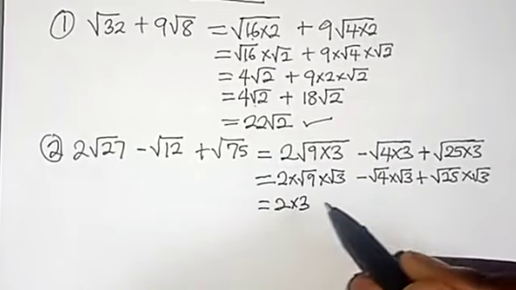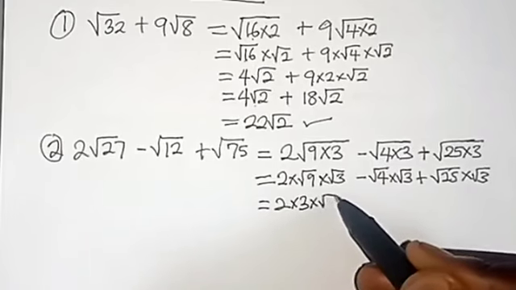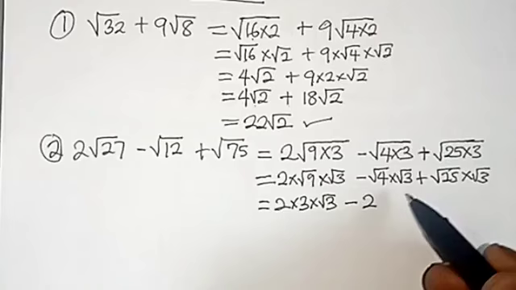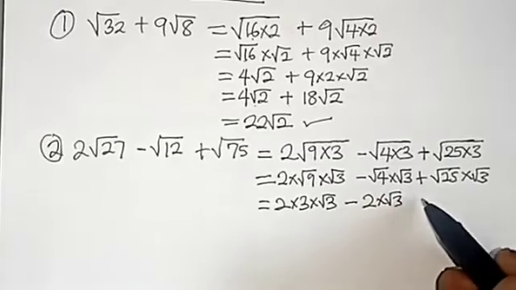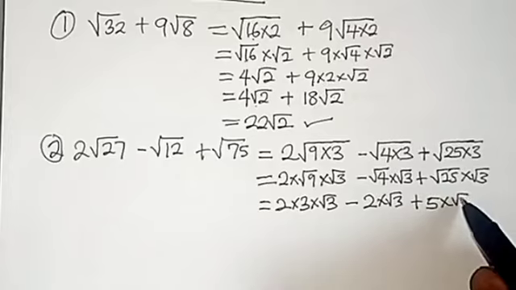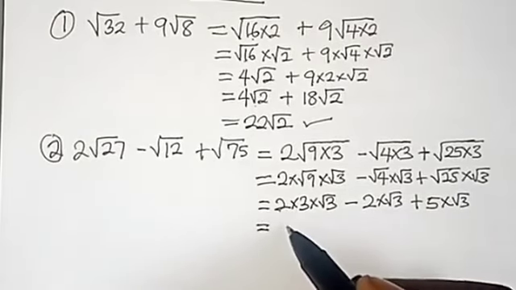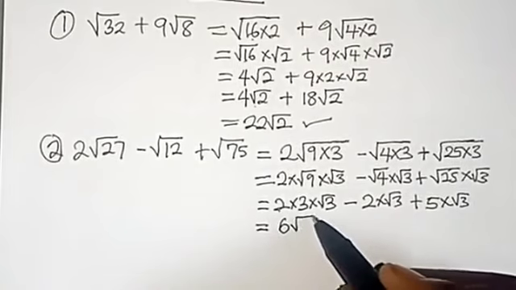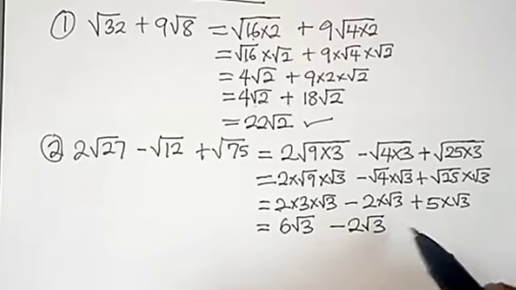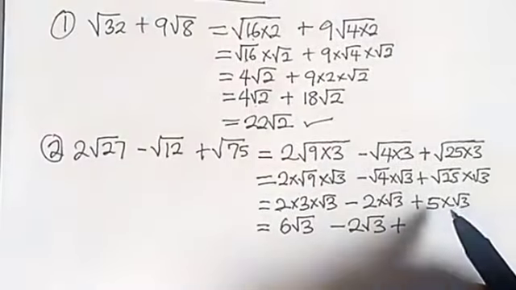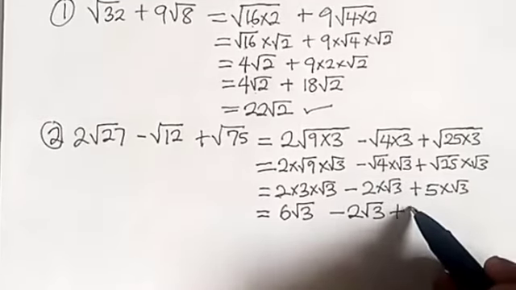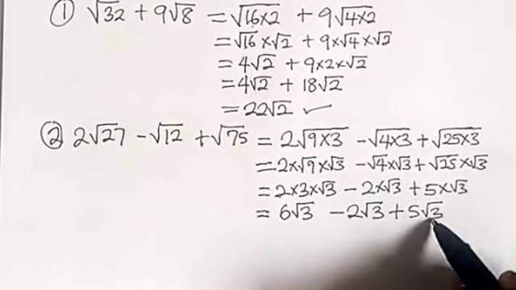That means I will multiply 3 with this, then times root 3, minus square root of 4 will give me 2, multiply by root 3, plus square root of 25 will give me 5, multiply by root 3. Equal to 2 times 3, I will have 6. Now place my root 3 here. Then here will be what? 2 root 3 plus, from here I'm going to have this times this, 5 root 3.